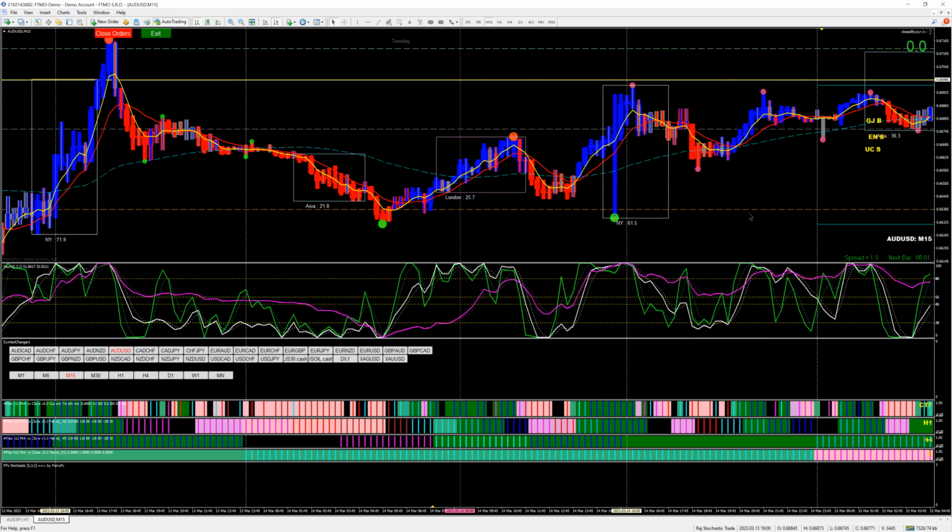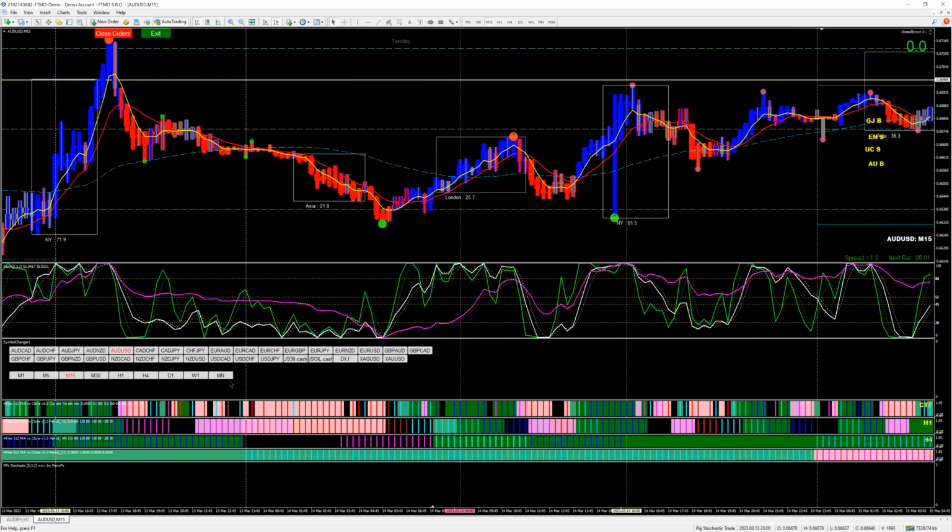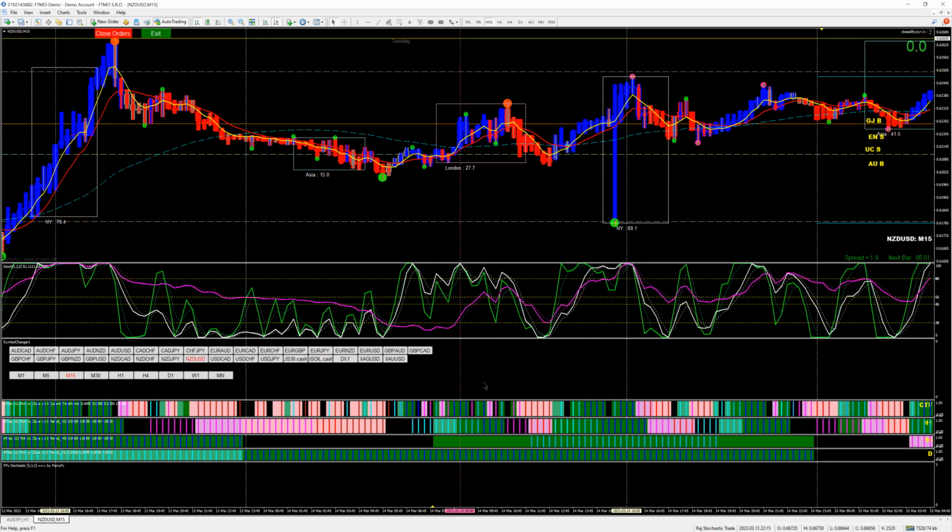Aussie dollar is a buy. And the last one is New Zealand dollar. And New Zealand dollar is not set up. So you got 4 trades.